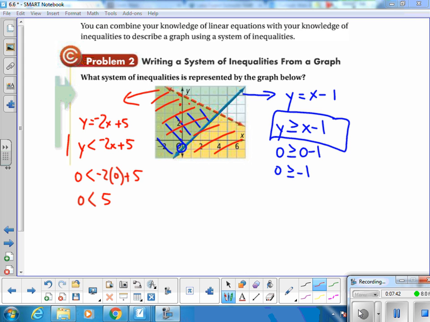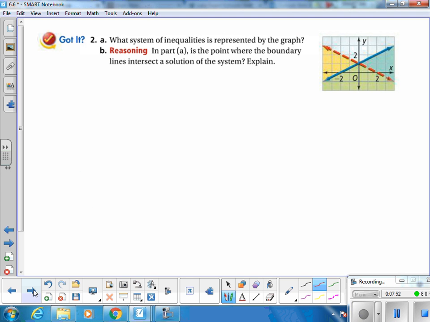So this indeed is my inequality, my equation of my inequality. So I found my two equations. Why don't you give it a try and give me a little bit of reasoning to back it up. What are the equations of your inequalities for this system?